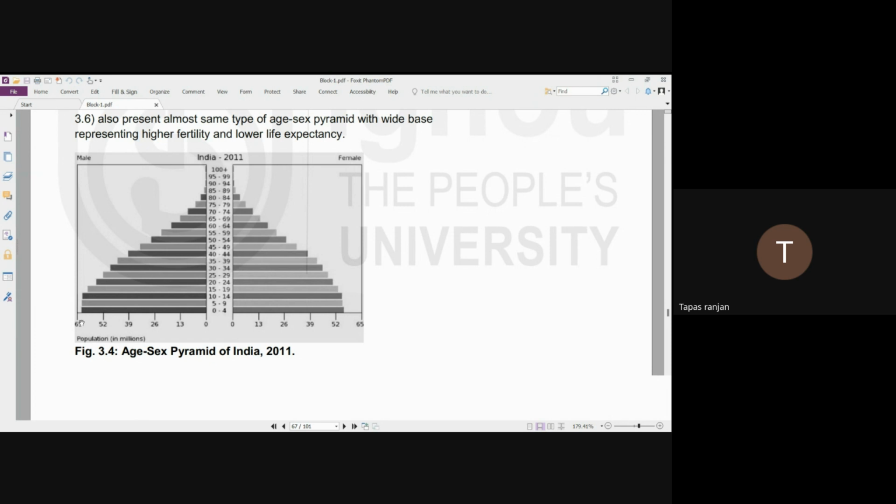So around 60 million of 0 to 4 age children are male, and female we are having somewhere around 55. So there is still a difference.